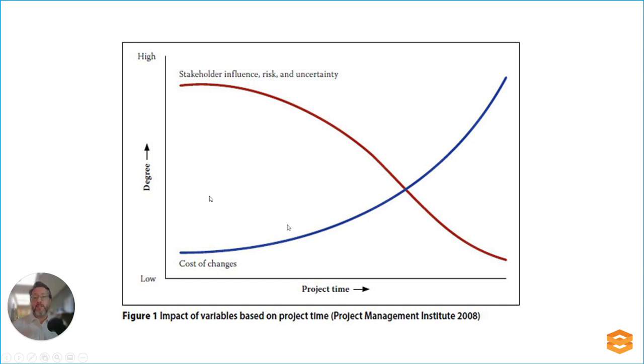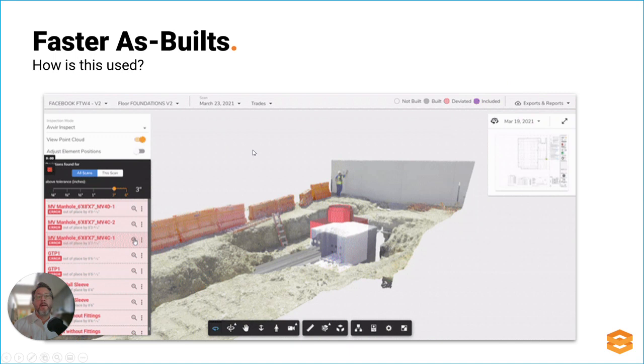Again, cost of changes just keep going up as the project goes on. So getting a clear sight into your project's quality, cost, and schedule health is imperative from an early stage.